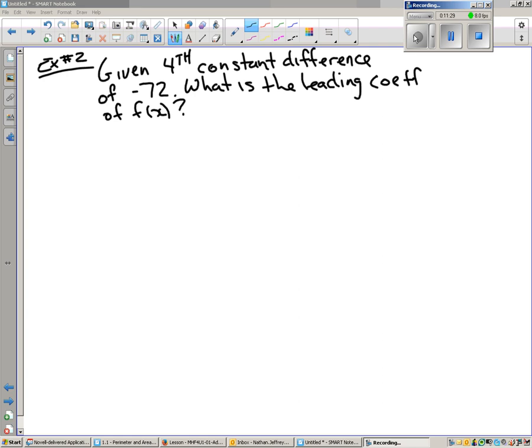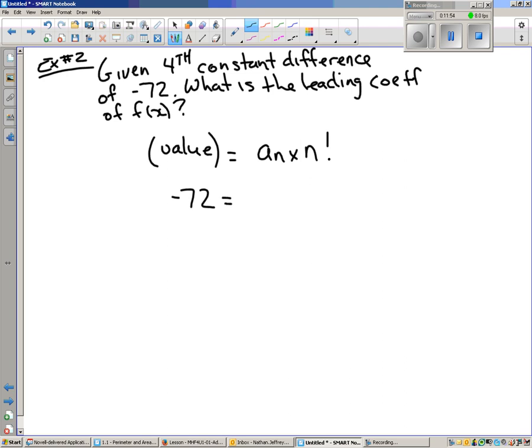We're going to just plug it in and rearrange. So we have our value equals a_n times n factorial. What values do we know? We know our value is -72 and our n value is 4.